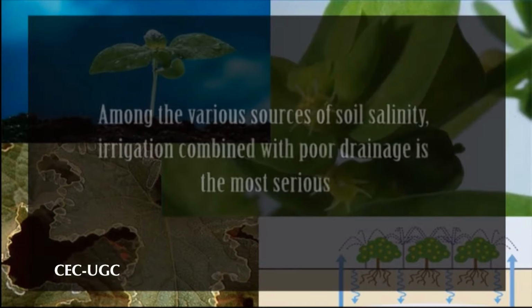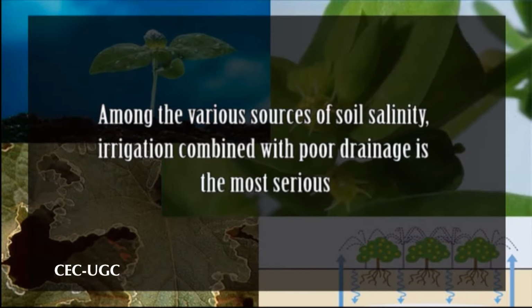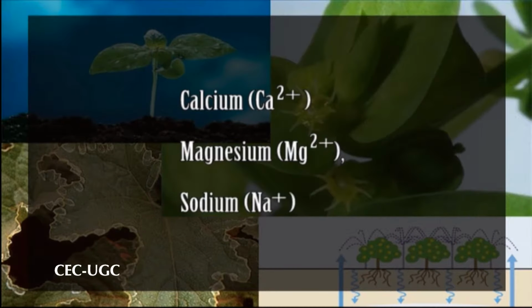Among the various sources of soil salinity, irrigation combined with poor drainage is the most serious because it represents losses of once productive agricultural land. The irrigation water contains calcium, magnesium and sodium.